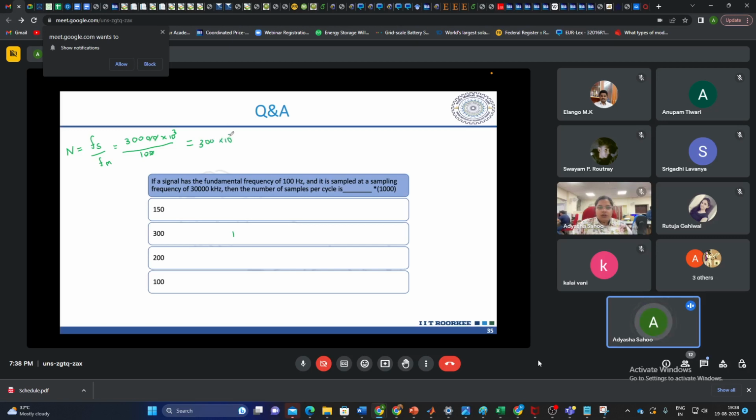Or if anyone can tell if they are getting 300, if I am wrong, or they agree with my solution. Multiplying by 1000 is not correct, so 300 is the correct answer. Why not multiply by 1000? Because this is the formula we got. Fs by m is the correct answer, right?